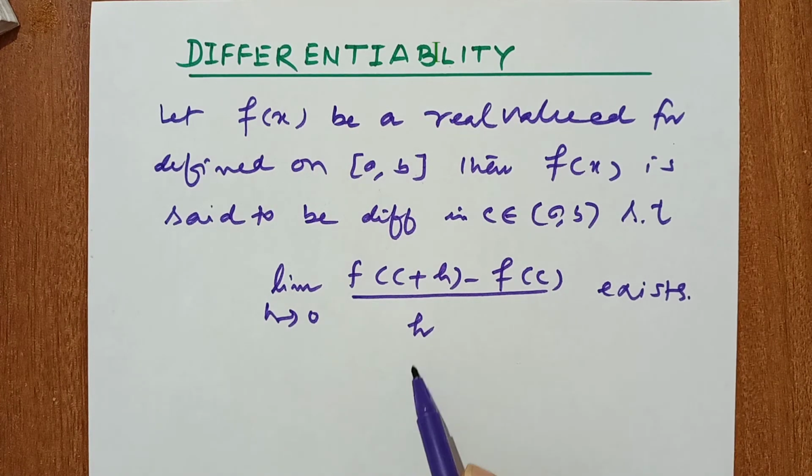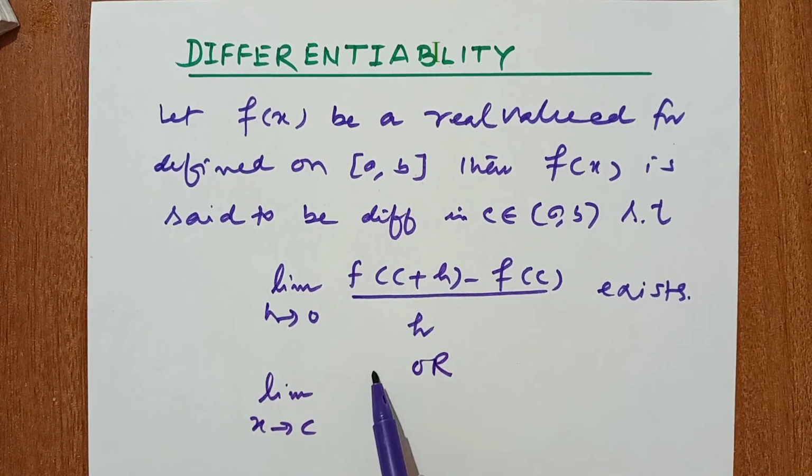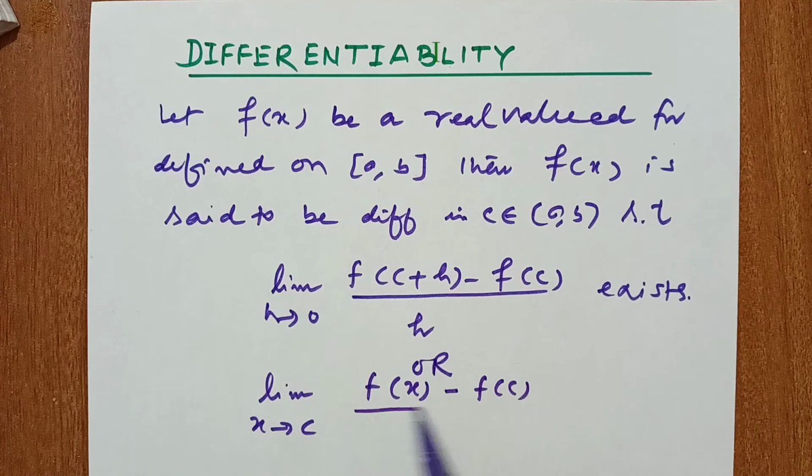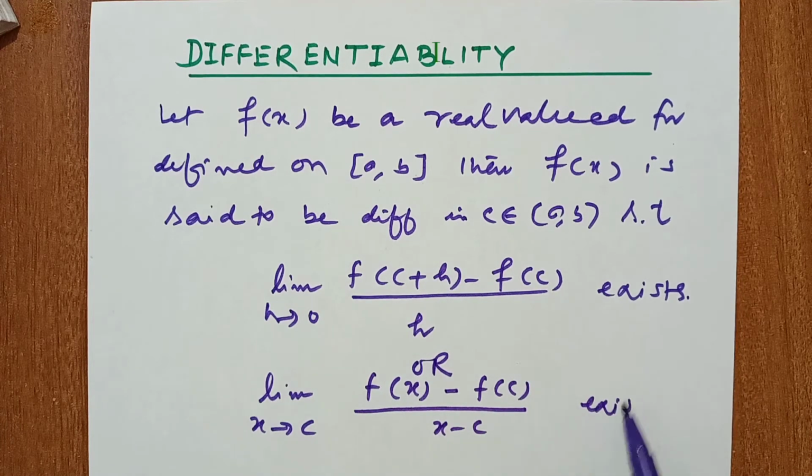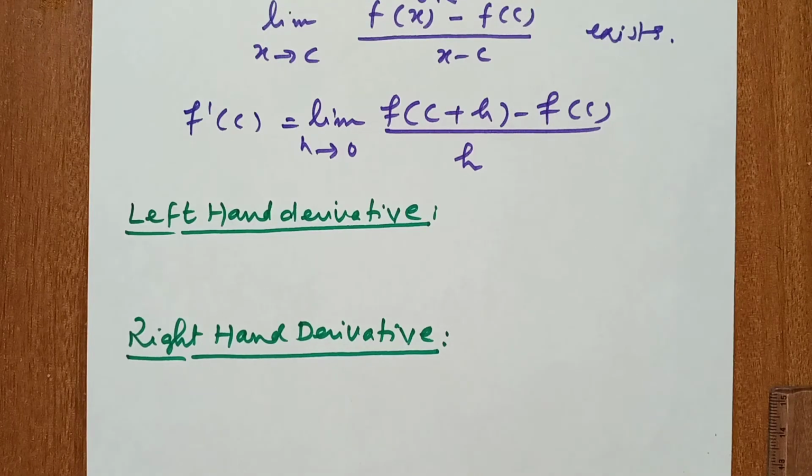In other words, limit x tends to c of f(x) - f(c) upon x - c exists. Now the limit exists means left hand derivative and right hand derivative are equal, and both limits exist.